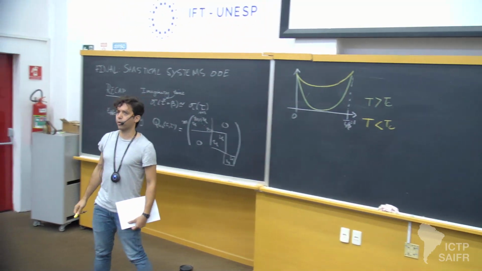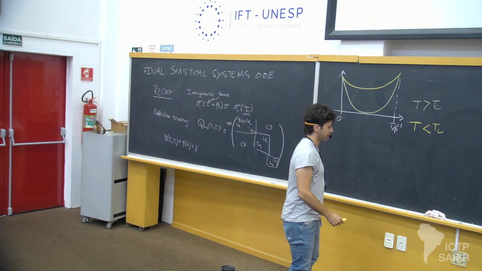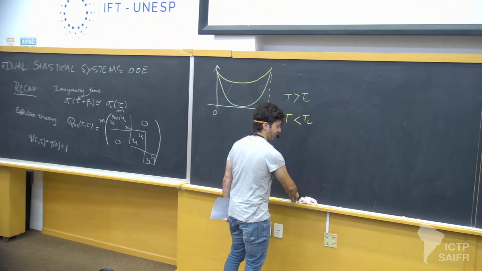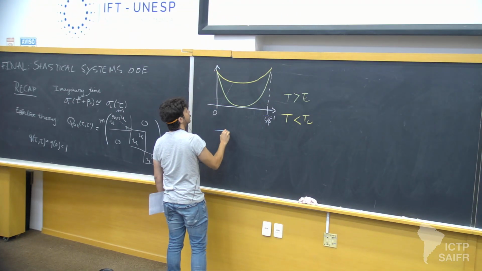And we left it as a question. I guess yellow and green are not very distinguishable. Is blue better?